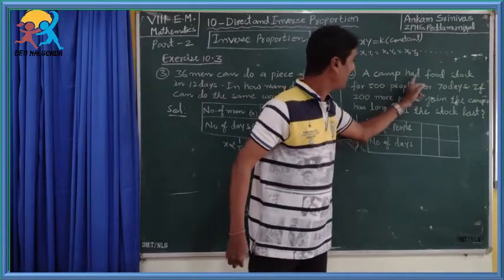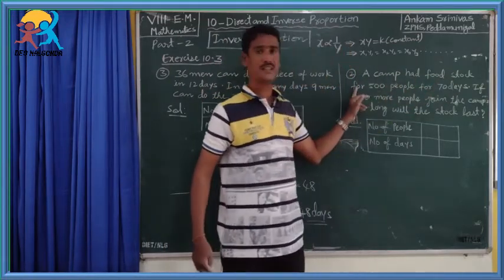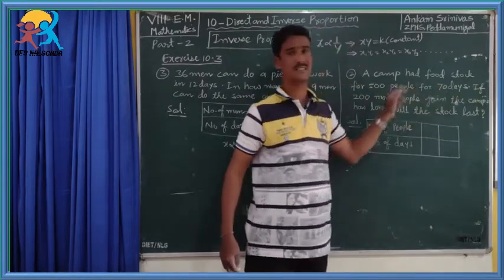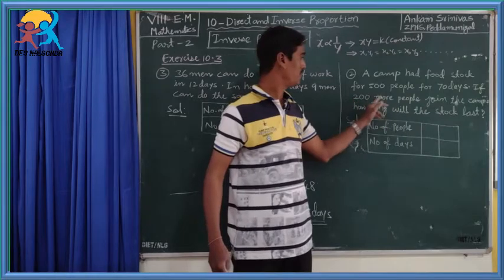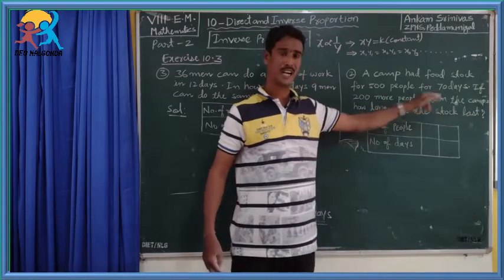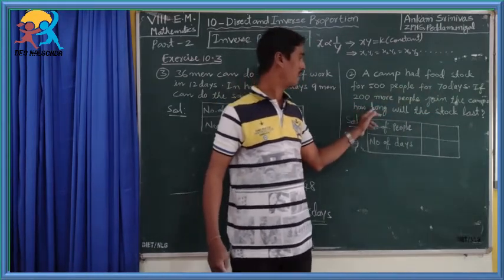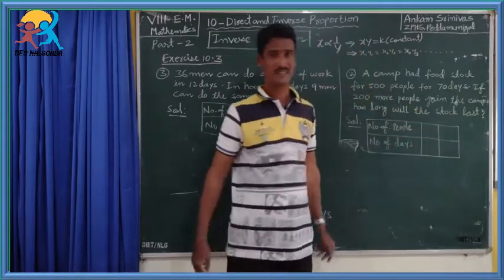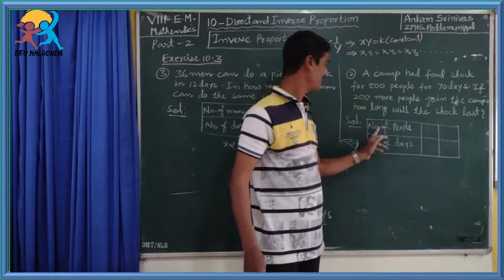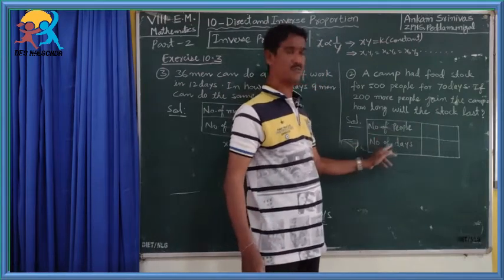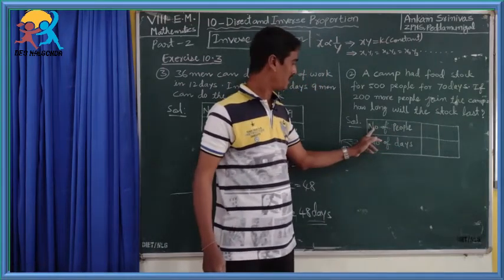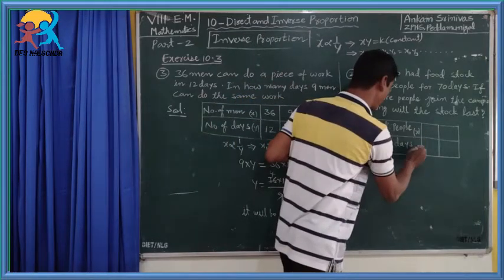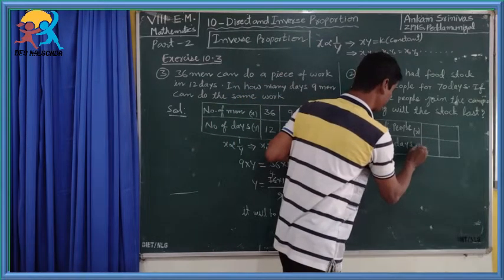A camp had food stock for 500 people for 70 days. If 200 more people join the camp, how long will the stock last? Let's see, children, here two variables. One quantity is the number of people, the second quantity is the number of days.